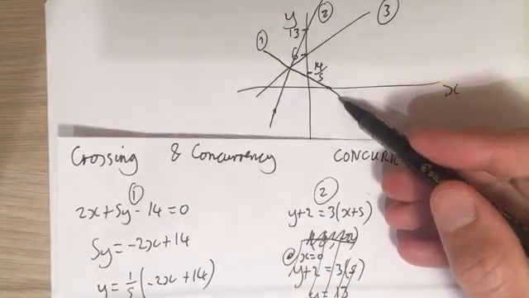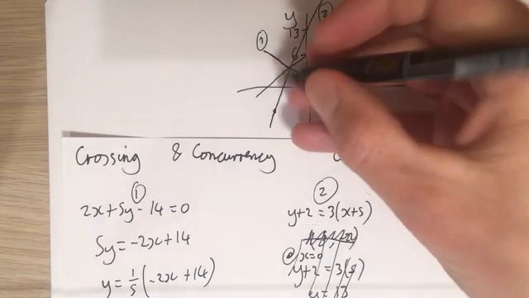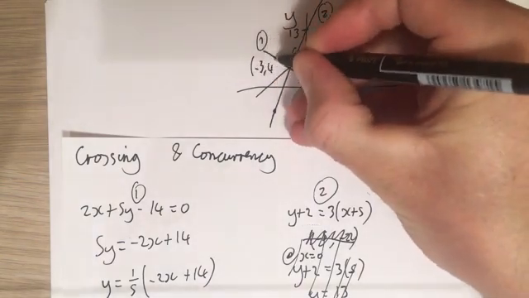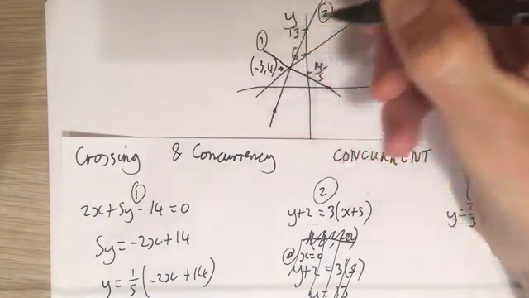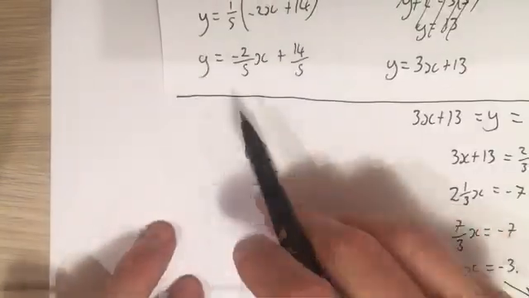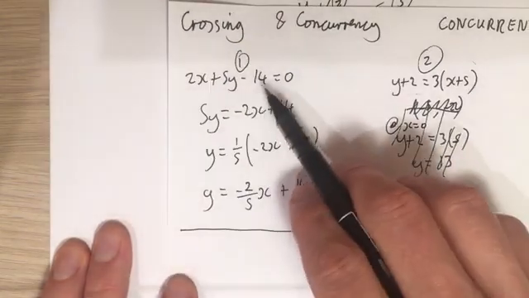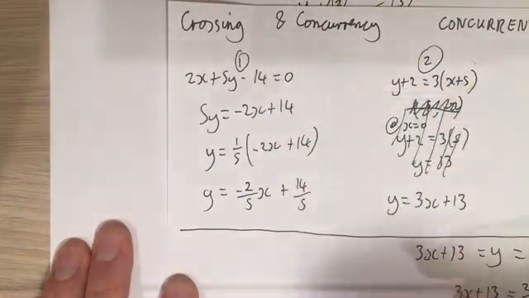Okay, so to check whether line number 1 also goes through the point minus 3, 4, I can just put those numbers straight into this line here and find out whether it works. Again, it's probably best to work with the original form just in case I made a mistake anywhere.